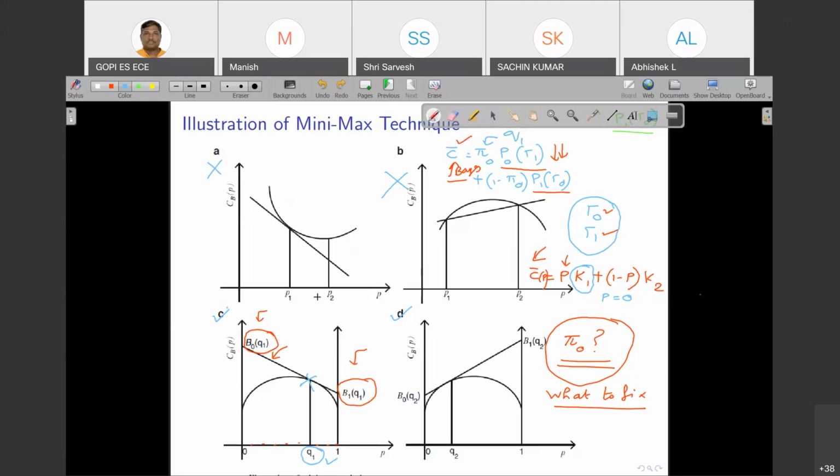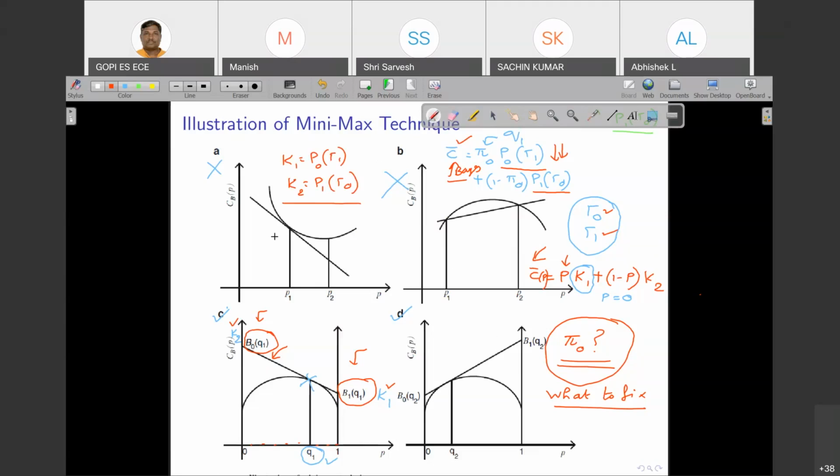When P equal to 0, you get K2 here, and when P equal to 1, you get K1 here. So this is the straight line you are getting. So what are K1 and K2? In this expression, we know that K1 is nothing but P naught of gamma 1 and K2 is P1 of gamma naught.